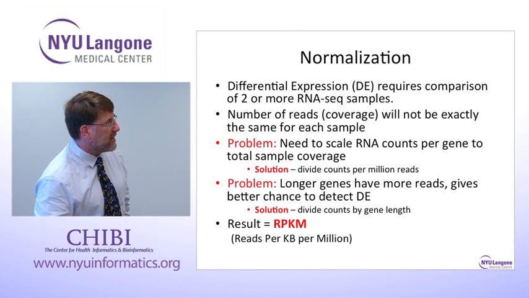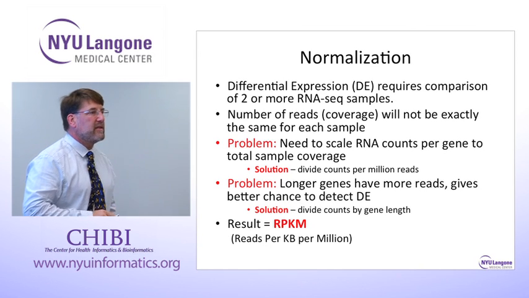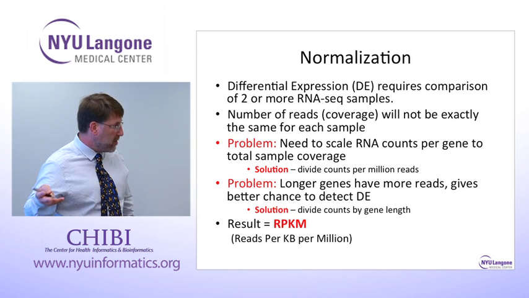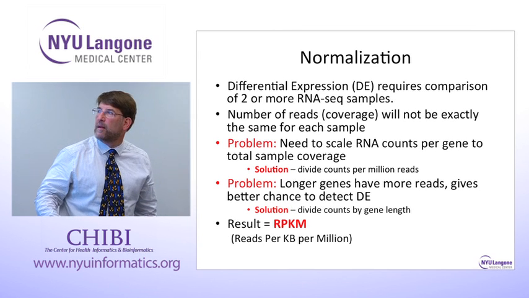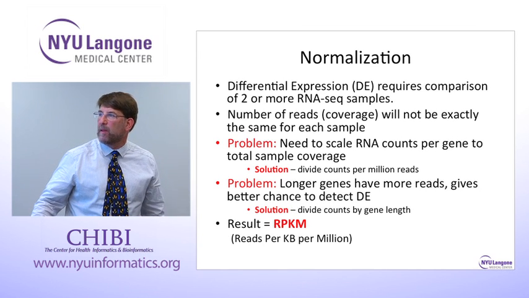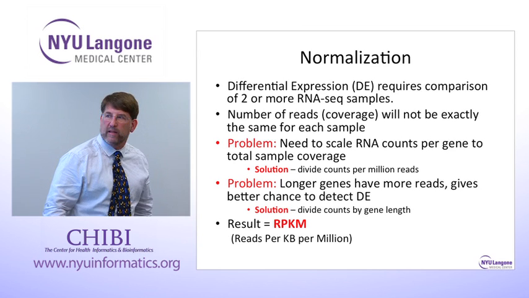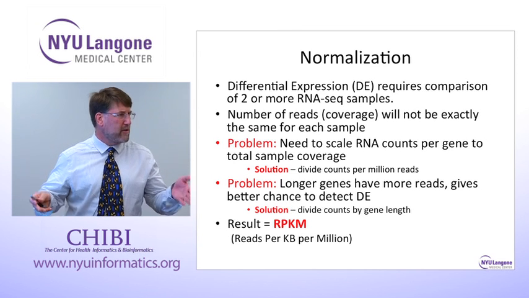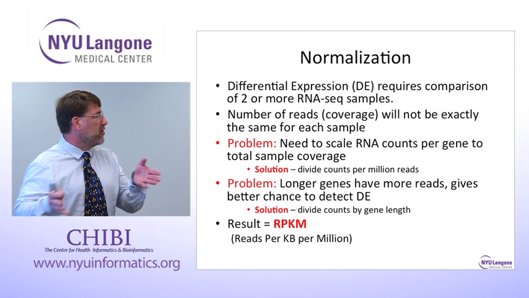We need to normalize. Simple way to normalize is to divide by the number of reads in the sample, or per million, in other words. So that's just a scaling problem. Divide counts per million reads. Another related problem is that a longer transcript will have more room for reads.